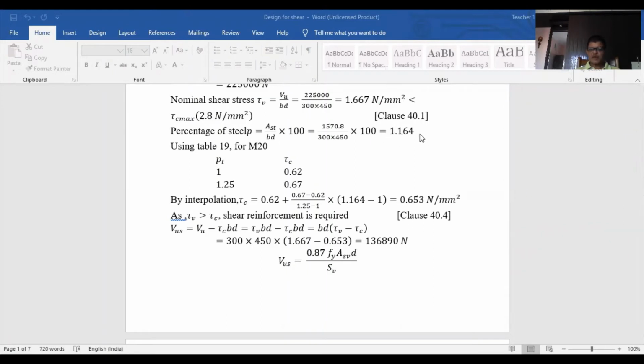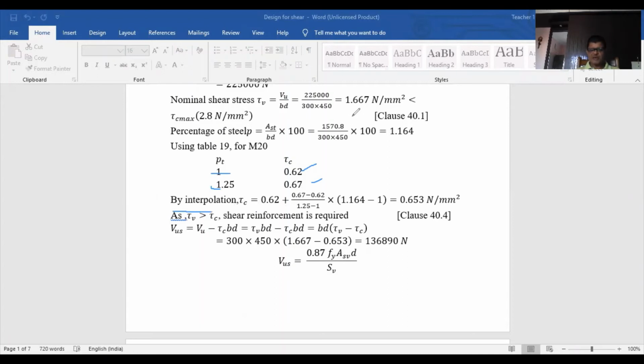Then it becomes 1.164. From the percent of steel, find out the tau C. So 1.164 means it will lie between 1 and 1.25. So for 1 and 1.25, go to M20 grade of concrete, find out the value of tau C, and then do the linear interpolation to find out the value of tau C.